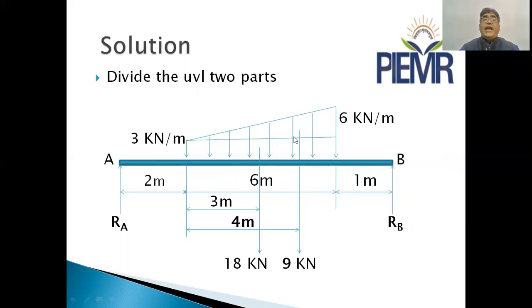Next slide. And the triangle, after the conversion of UVL into UDL and UDL into point load, the total load at the center comes out to be 9 kilonewton.